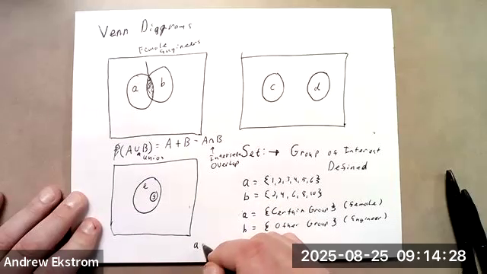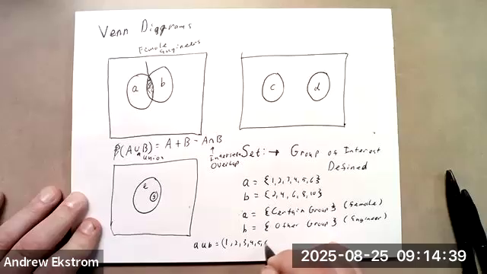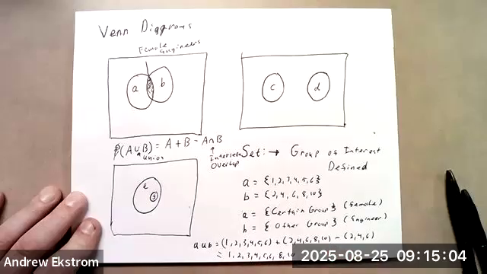If I say A union B is equal to everything that's in A plus everything that's in B minus everything they have in common, you end up with 1, 2, 3, 4, 5, 6, 8, 10. That should be a 5 going there.